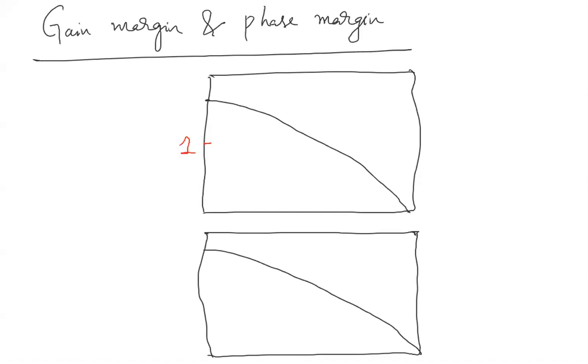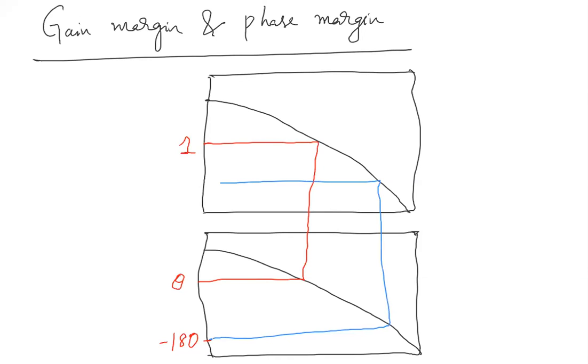This is 180. This is theta. This is A. See the direction of arrows.